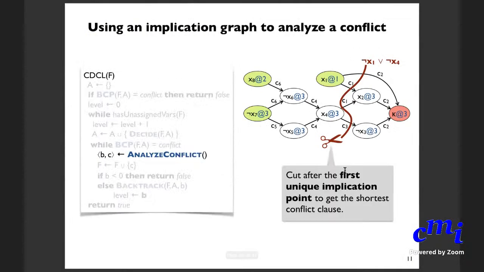The reason that it is an asserting clause is because it has just a single literal, the decision or implied literal made at the current level. Therefore, when you backtrack, the decision on that gets automatically flipped, preventing the conflict. And you can get the shortest among them by choosing the one defined by the cut that is closest to the conflict.